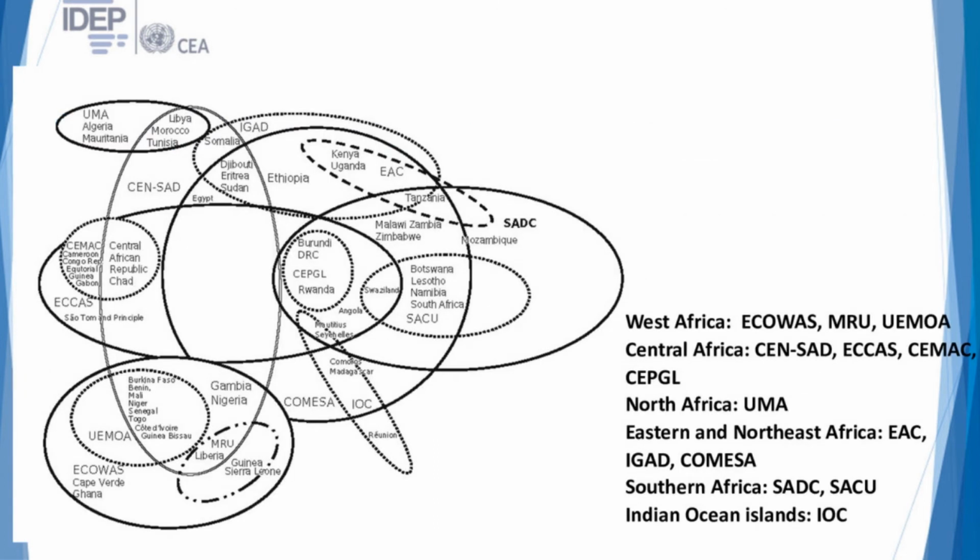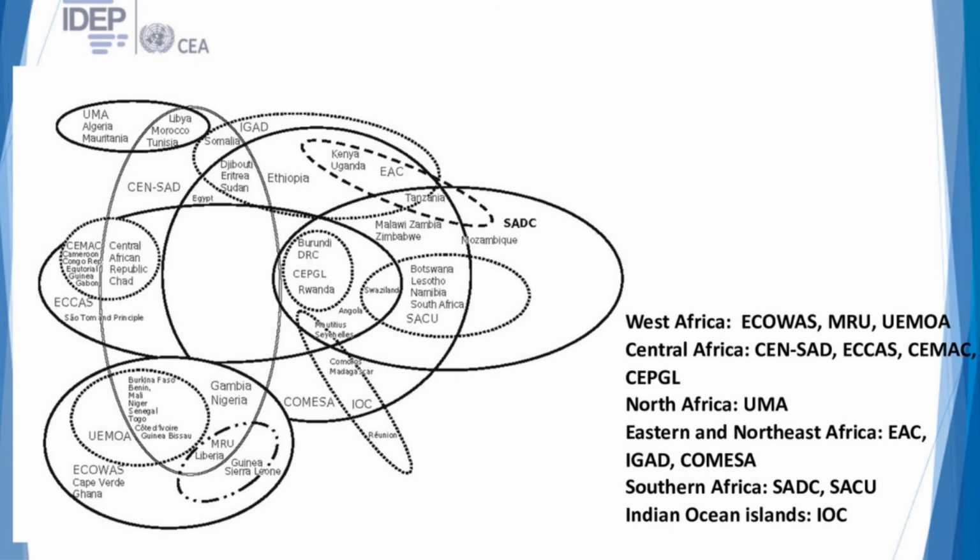Looking at the array and the arrangement of African RECs, you will find that in West Africa, there are a number of organizations. For example, they have ECOWAS, which is the Economic Community of West African States. There is the Monetary Union of Western Africa. In Central Africa, there are also a number of organizations. There is CEMAC, there is ECCAS, there is CEN-SAD.